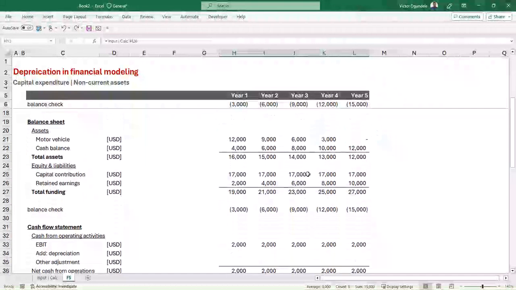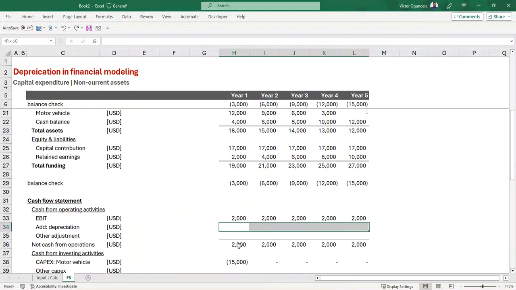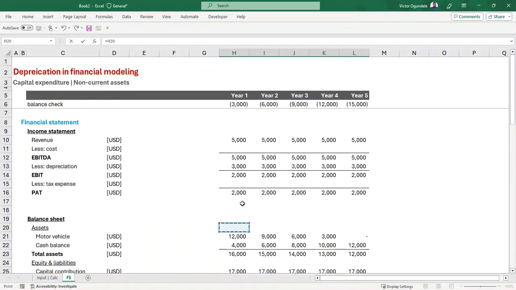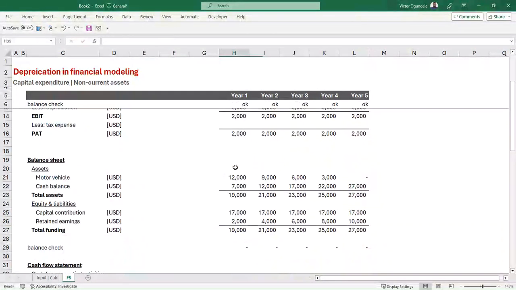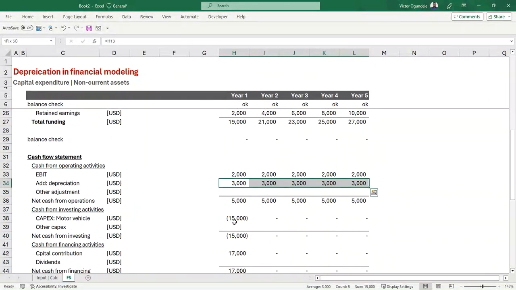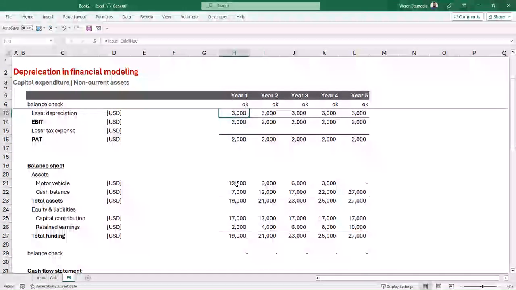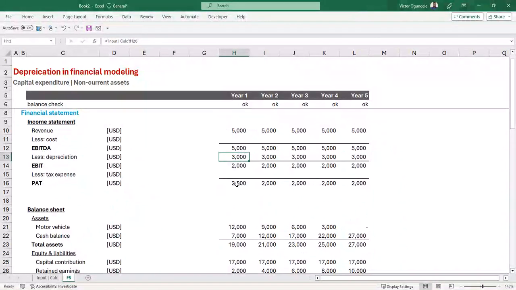So I'll now come back to my cash flow and add back that depreciation, because it's a non-cash expense that has already been recognized. So this 15,000, we are now spreading it over the 5 years. So we add it back because it's now a non-cash expense.